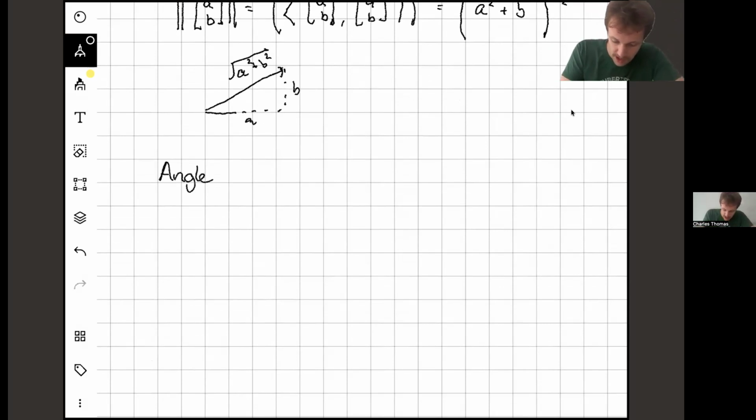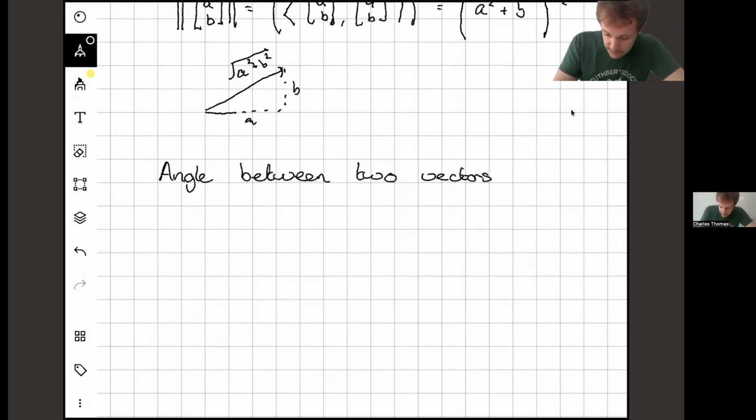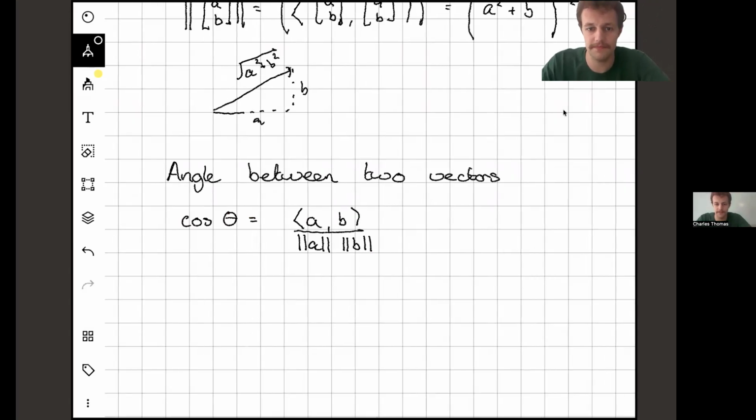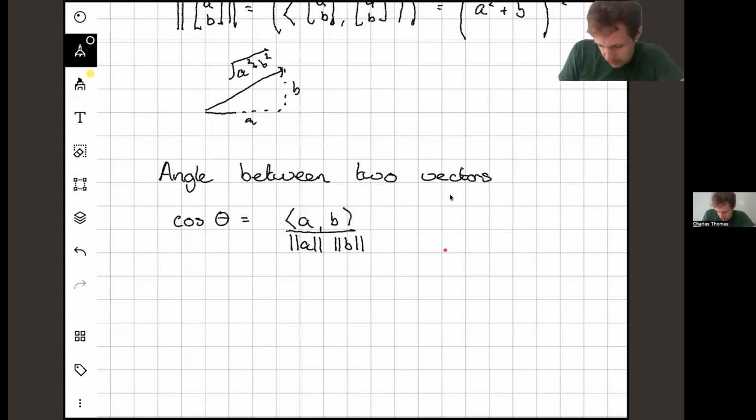So the angle between two vectors is defined in the following way: the cosine of the angle between two vectors is the inner product between the two vectors divided by the size of A and the size of B. Let me draw the picture, that might be the most helpful thing.